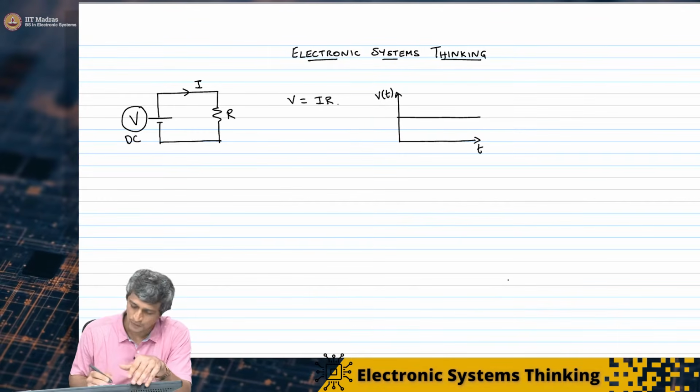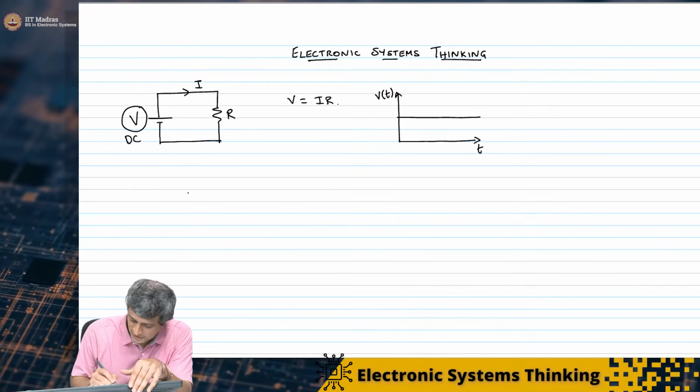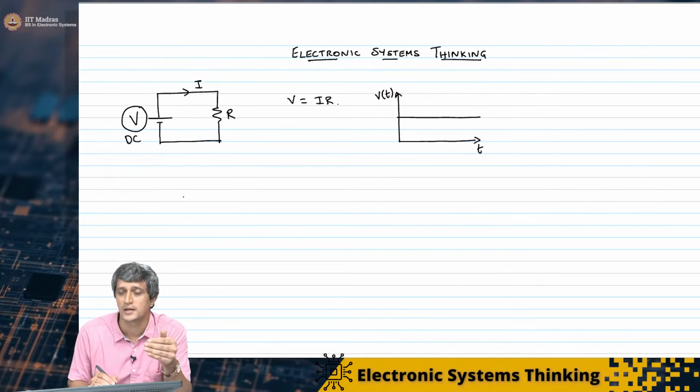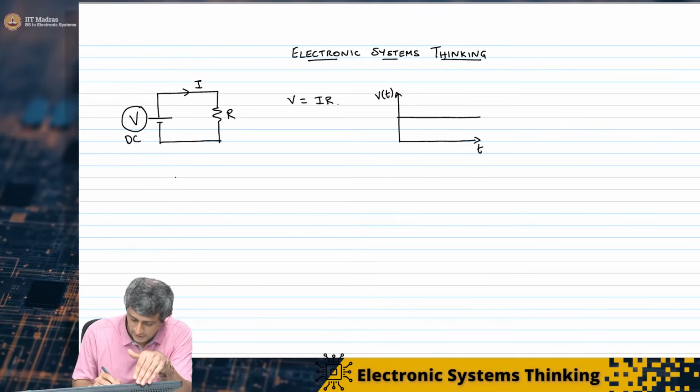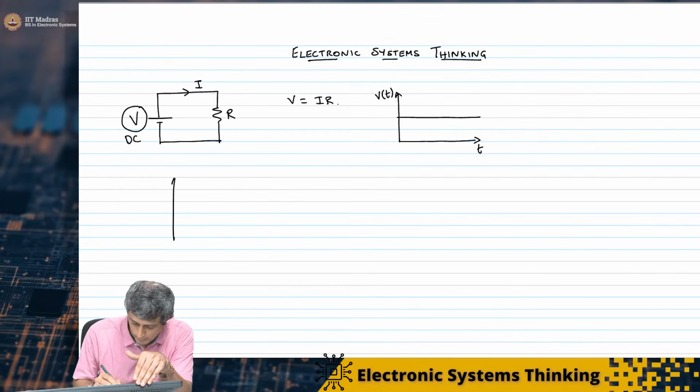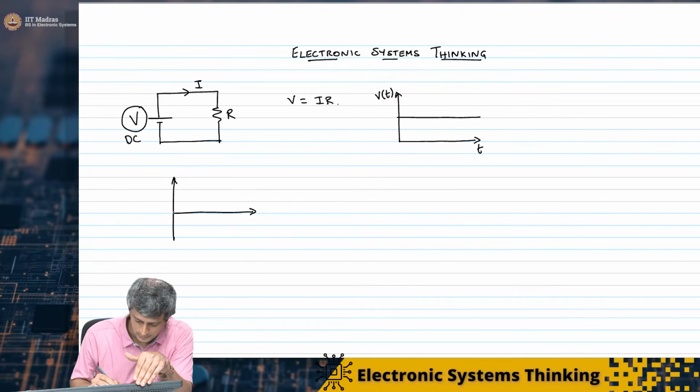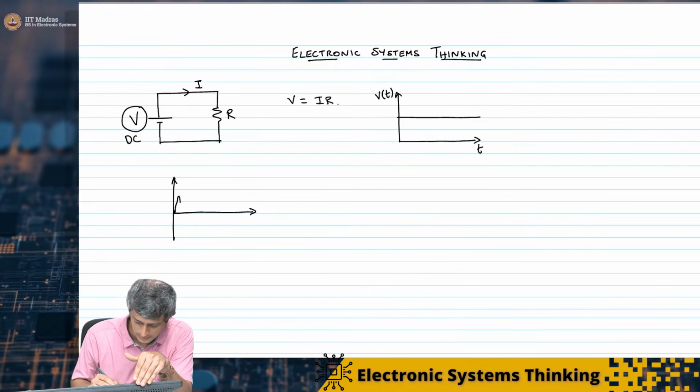Now we have already seen that we need to deal with certain signals which are time varying in nature. For example, from the microphone, right, we saw that you had a signal something like this.